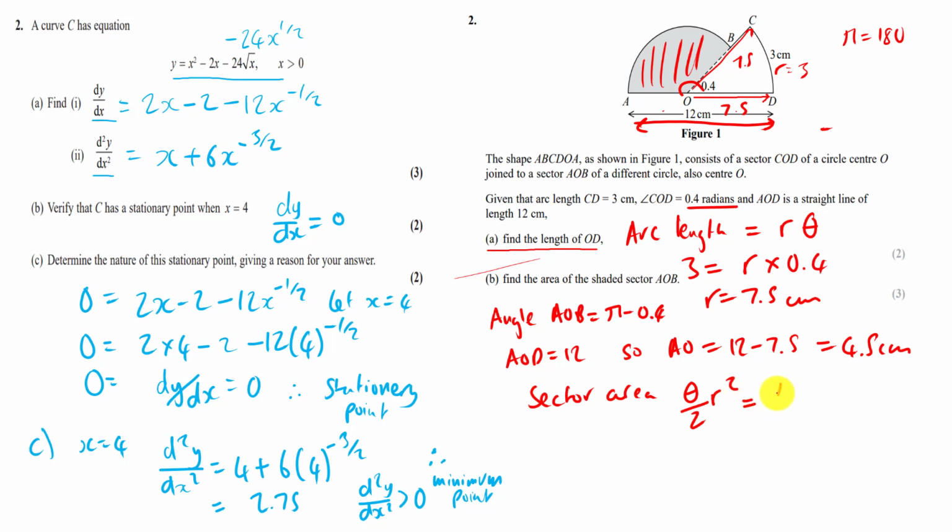So theta is pi minus 0.4 over 2 times 4.5 squared, which equals 27.8 centimeters squared, to 3 significant figures. And that one is quite easily done, and this is hopefully helping to build up your skills and your confidence in the pure papers. Every mark counts, so let's make sure we clean these up.